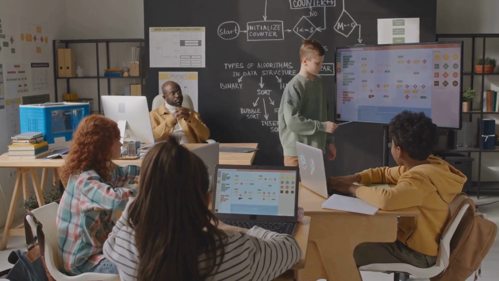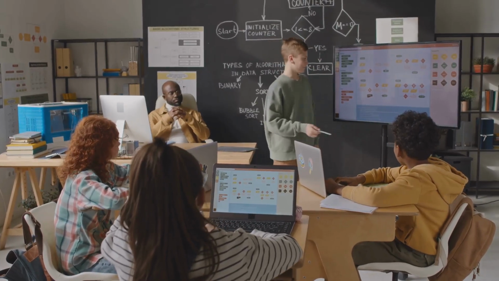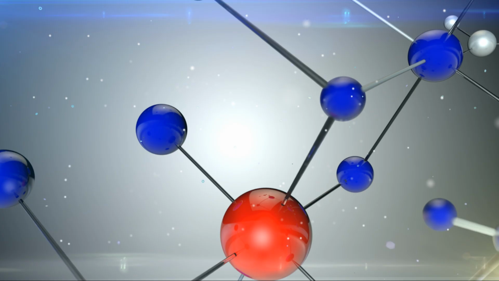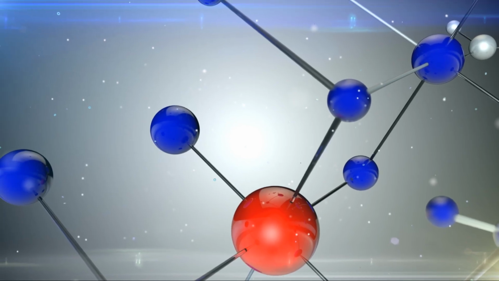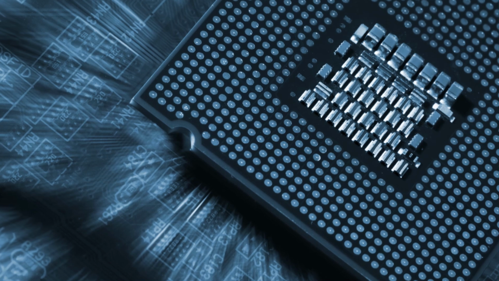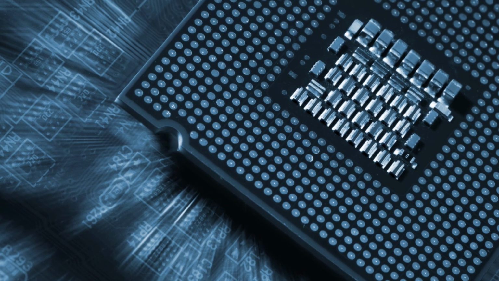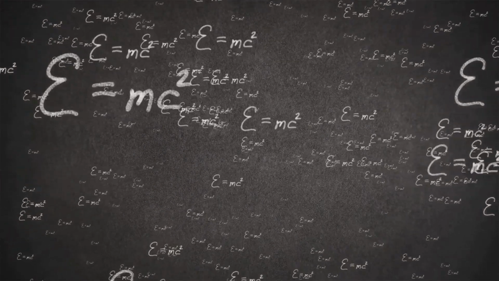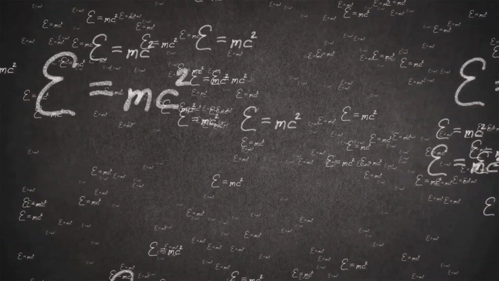Classical computers excel at tasks that can be broken down into logical steps, but they falter when faced with the messy, interconnected world of atoms and molecules. As transistors shrank, approaching the size of atoms, a new problem emerged. The predictable laws of classical physics no longer applied in this subatomic realm.